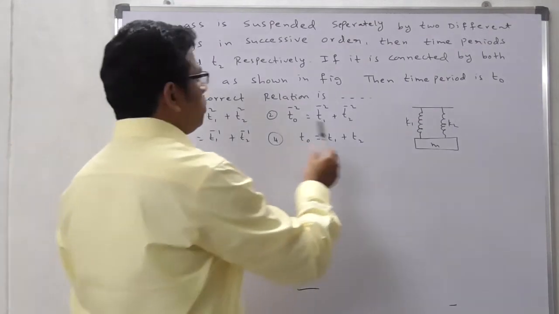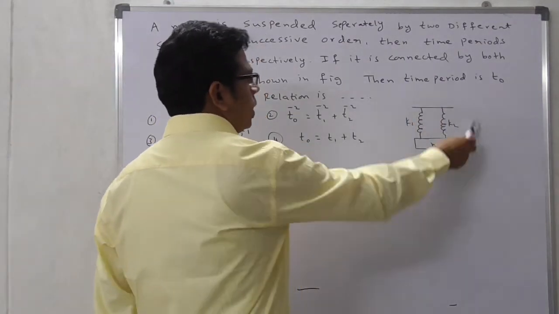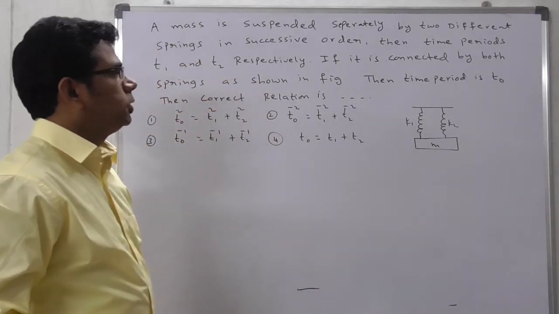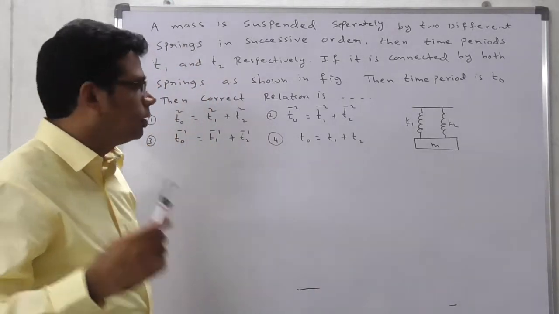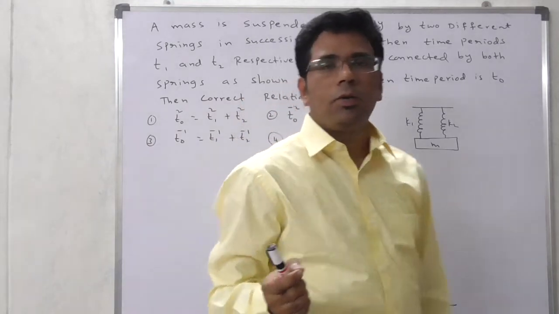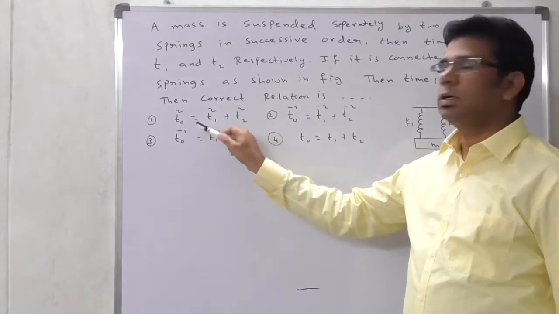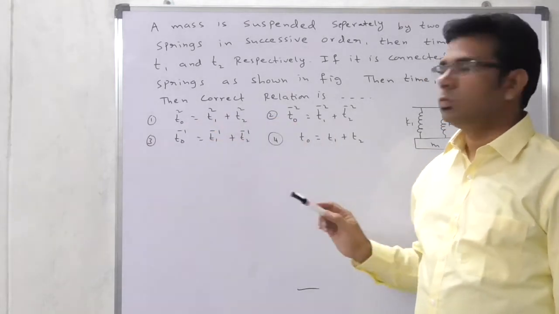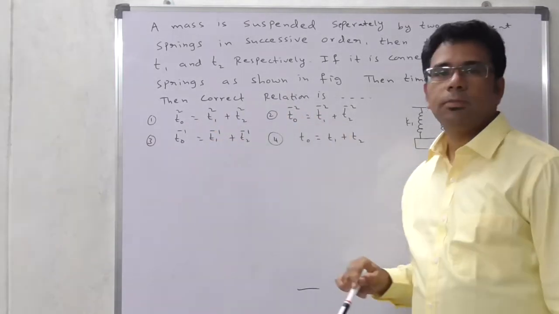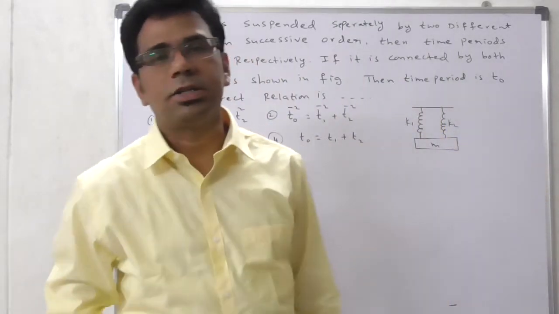If both springs are connected in this format, the time period is given as T0. So here we have to get the relation among T0, T1 and T2. Four options are given. Now let us start the question.